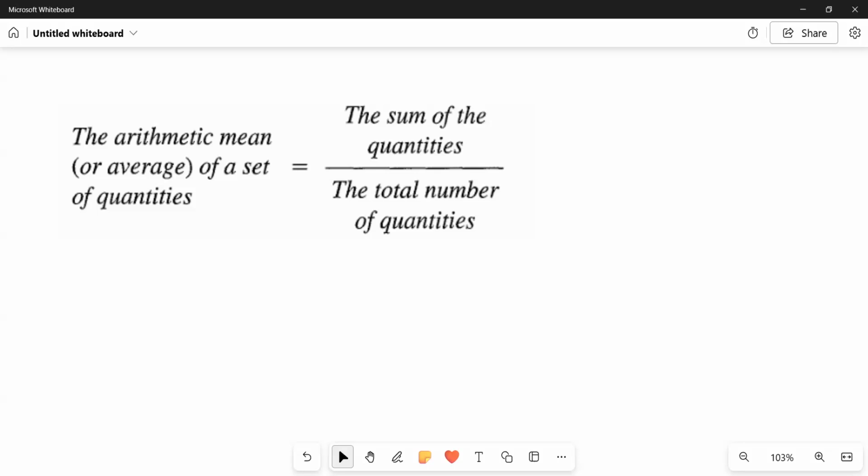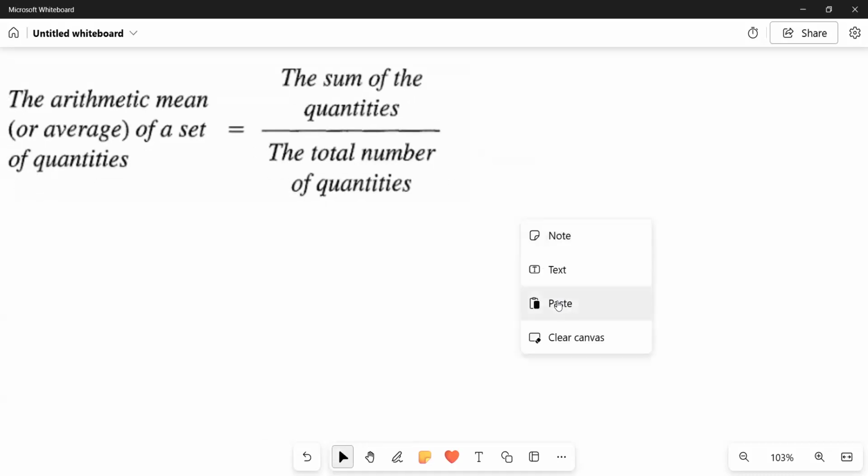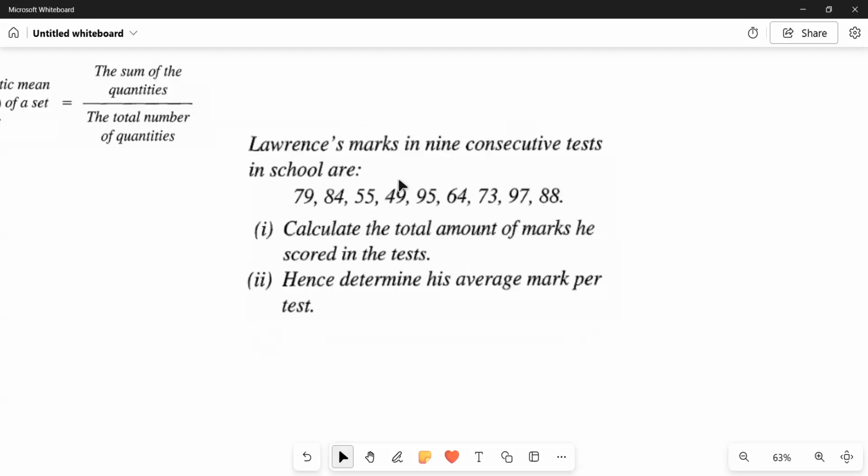Maybe we can do another example or two. Let's look at this one.